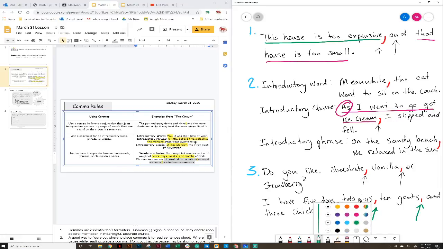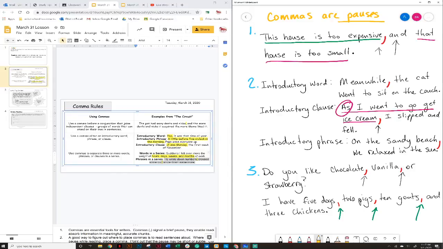Remember, commas are pauses. So if it'll help you try to figure out where a comma goes in a sentence, read the sentence as you would speaking, meaning read the sentence out loud and see where you naturally pause as you read the sentence.